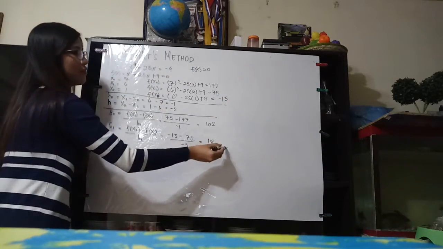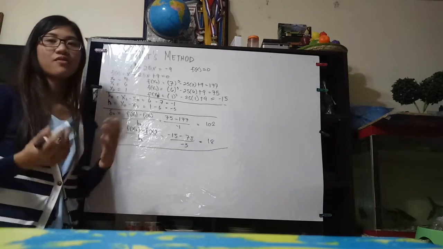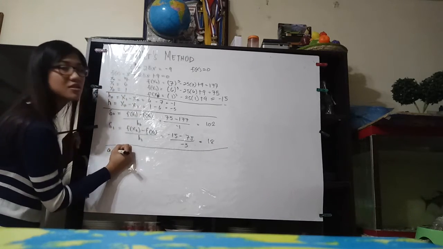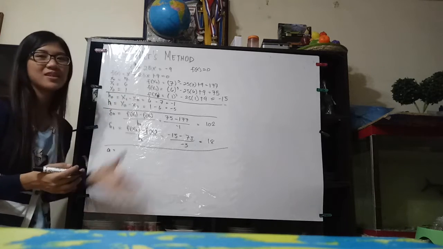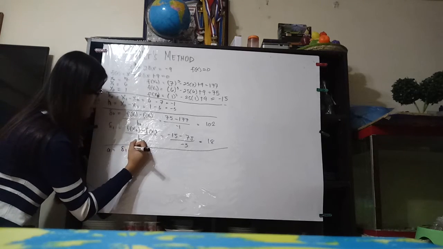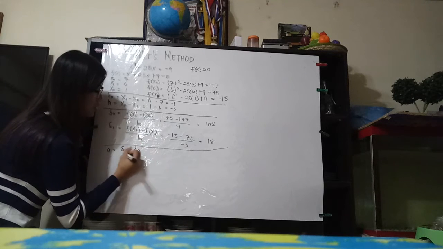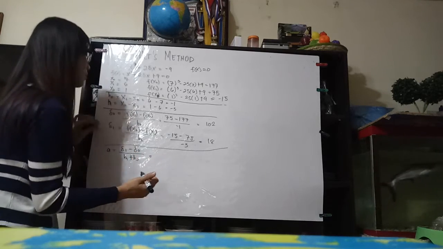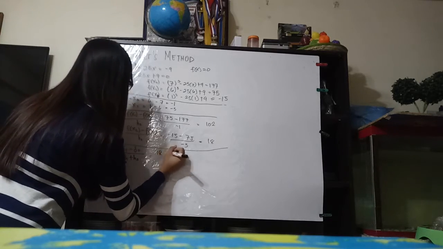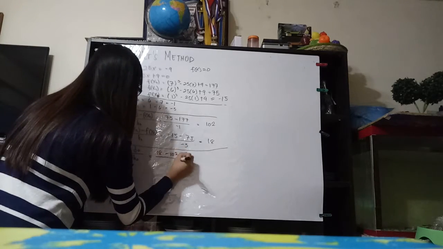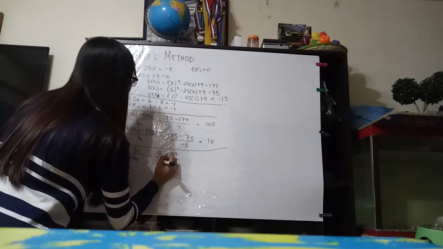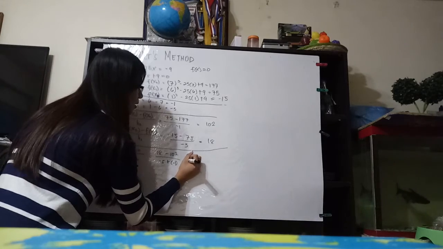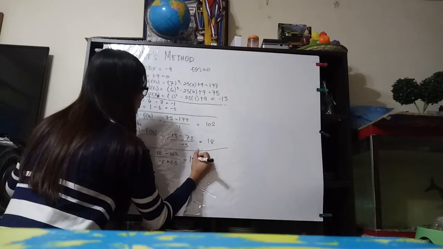Next step is that we find the values of A, B, and C. There's a lot of formulas really here, so you just have to memorize it all. So for A, that would be sigma 1 minus sigma 0 over h1 plus h0, that would be 18 minus 102 over negative 5 plus negative 1, and that would be 14.